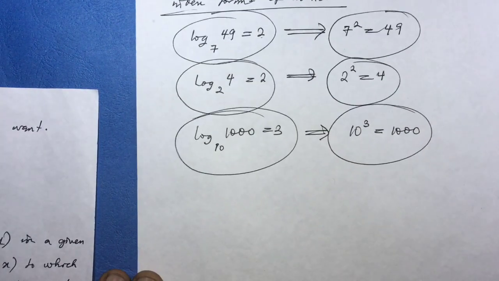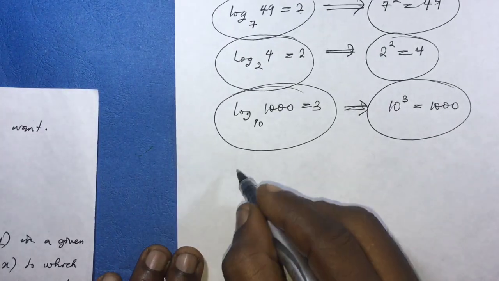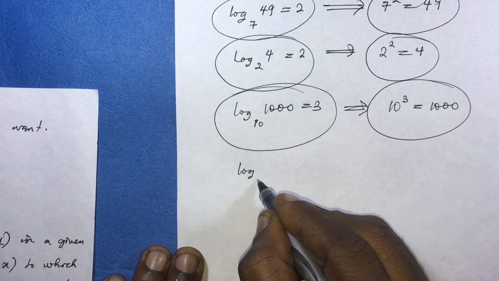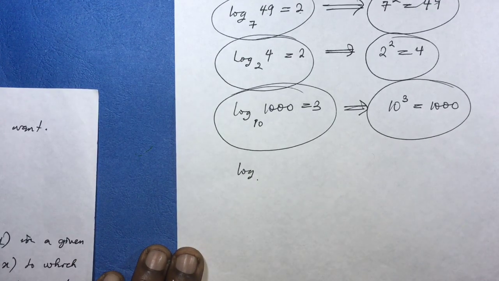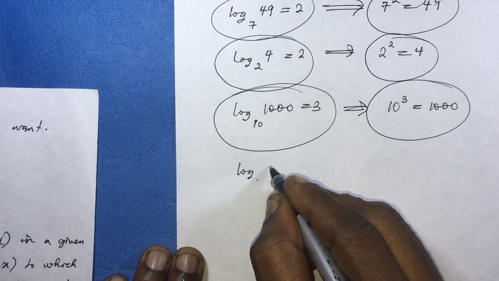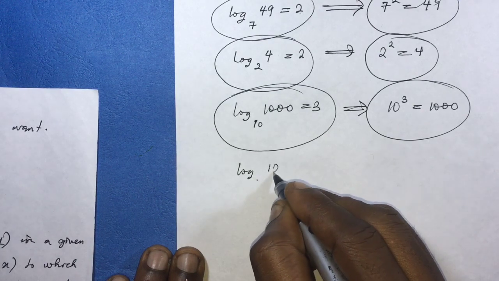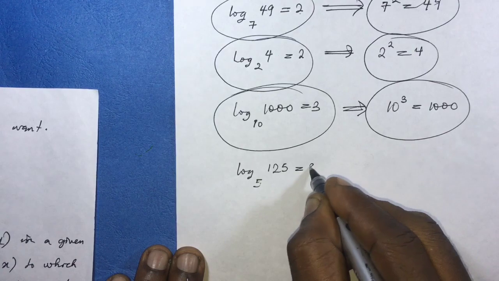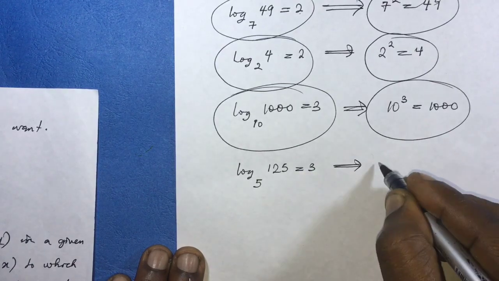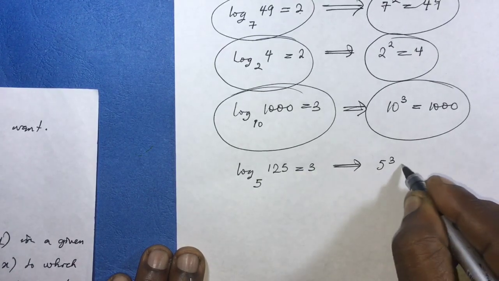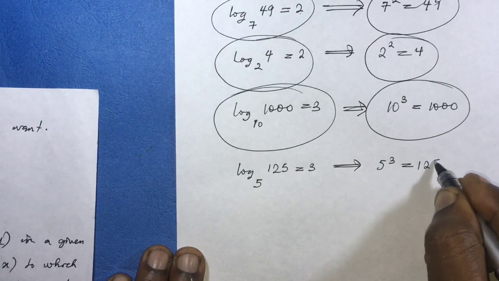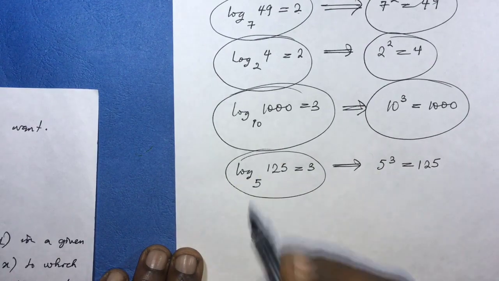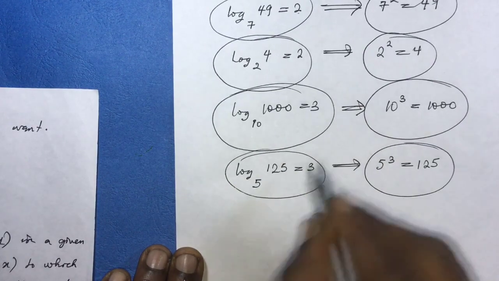Okay, then let's take one more example. The logarithmic form of a number, say 125 in base 5, will be equal to 3, and that is because 5 raised to power 3 should give you 125. So this is the logarithmic form, this is the index form.